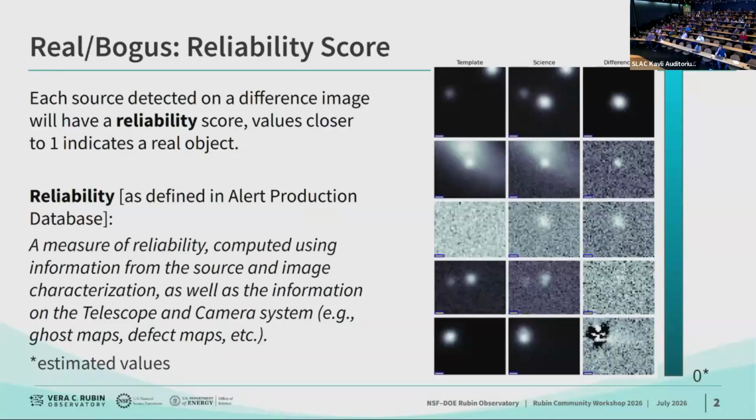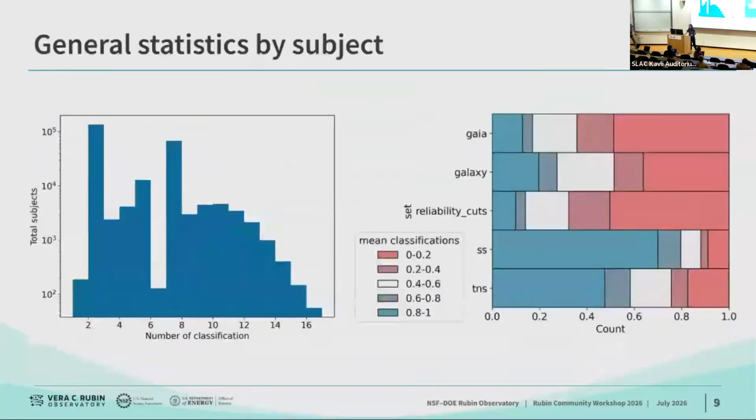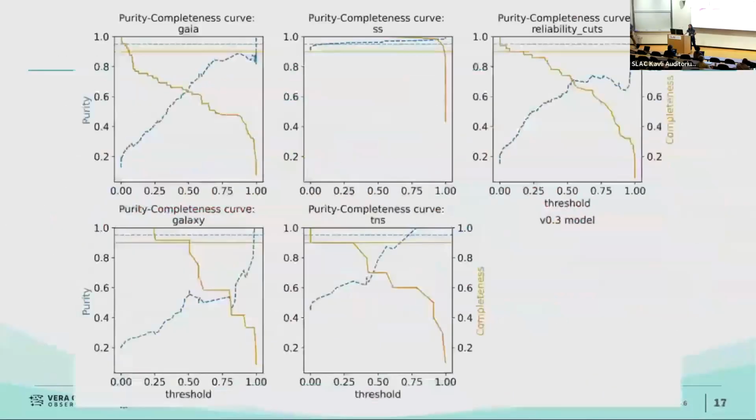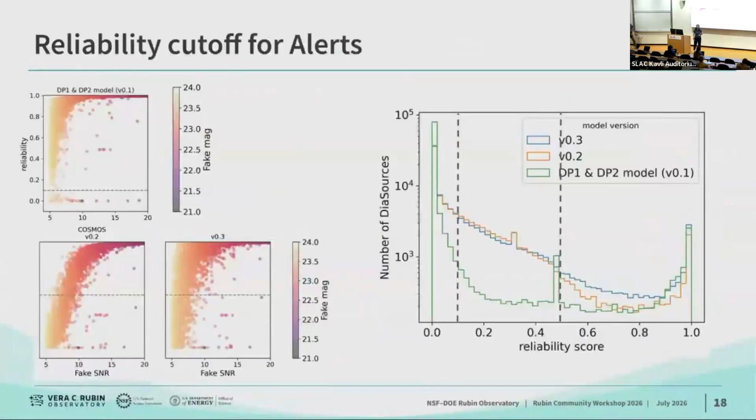So we are using injections for training, and actually including the injections. Models using the injections are way better than only with the real data. And that's why we decided to move from 0.2 to 0.3.